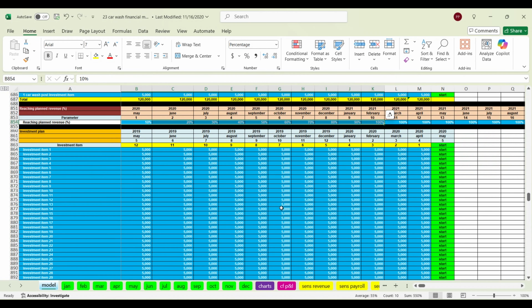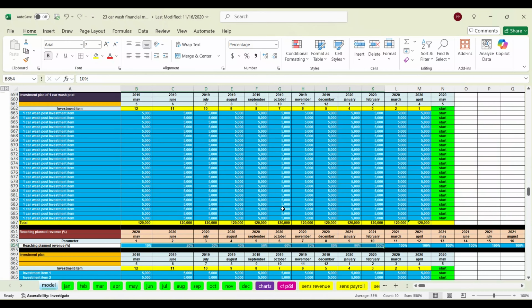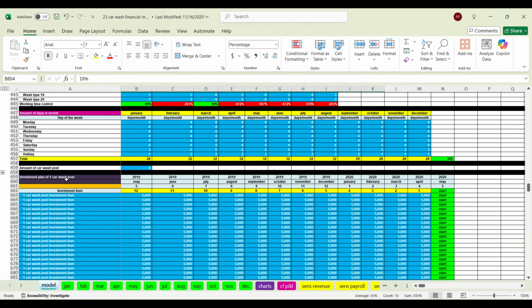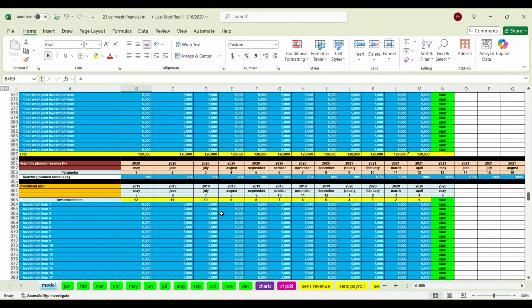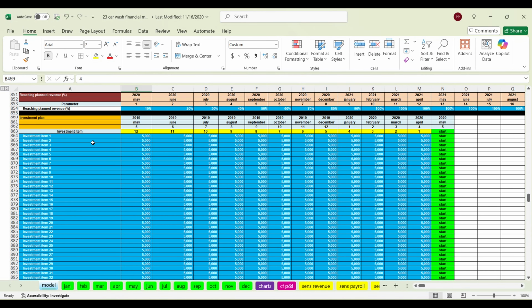Then we have the investment plan. This investment plan we have for one car wash post, and then this investment plan is being multiplied by the amount of posts. Then we may have some investment plan that doesn't matter how many posts we have.